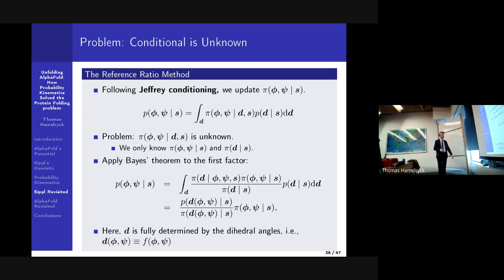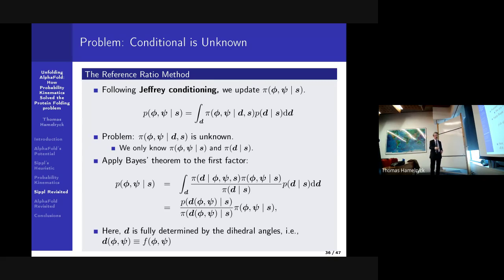But what we then do is we simply apply Bayes' theorem to the first factor, to this expression over here. So that can be written like this. This is simply Bayes applied to the angular factor. And now we have a marginal distribution over angles that we want here. So that means we have an integral over D. Now, in all cases where our distances are not compatible with our angles, this will become 0.